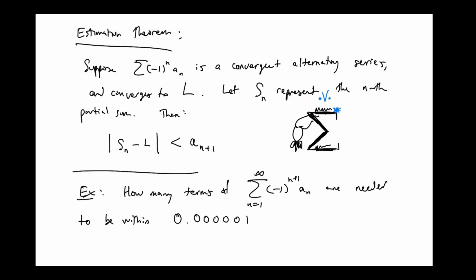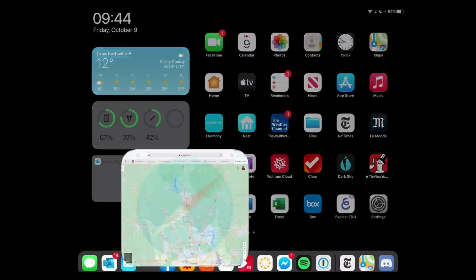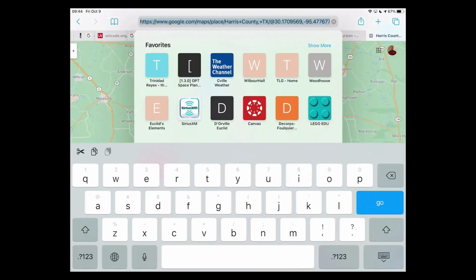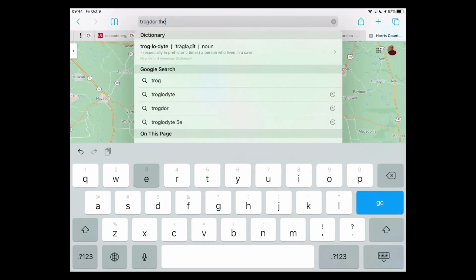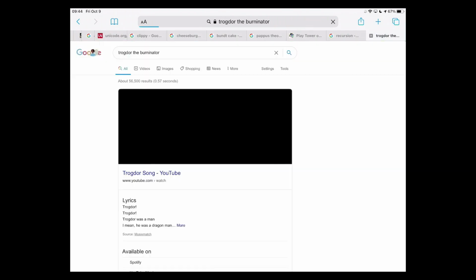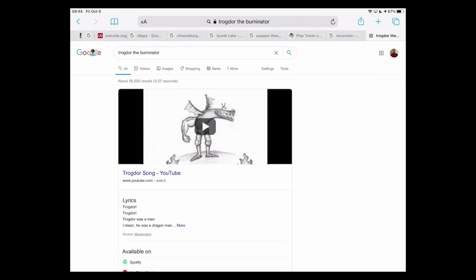Now, how many of you guys have never seen or heard of Trogdor the Burninator? No? Homestar Runner? Never mind. Oh, we're going to sidetrack for a second. Trogdor the Burninator.